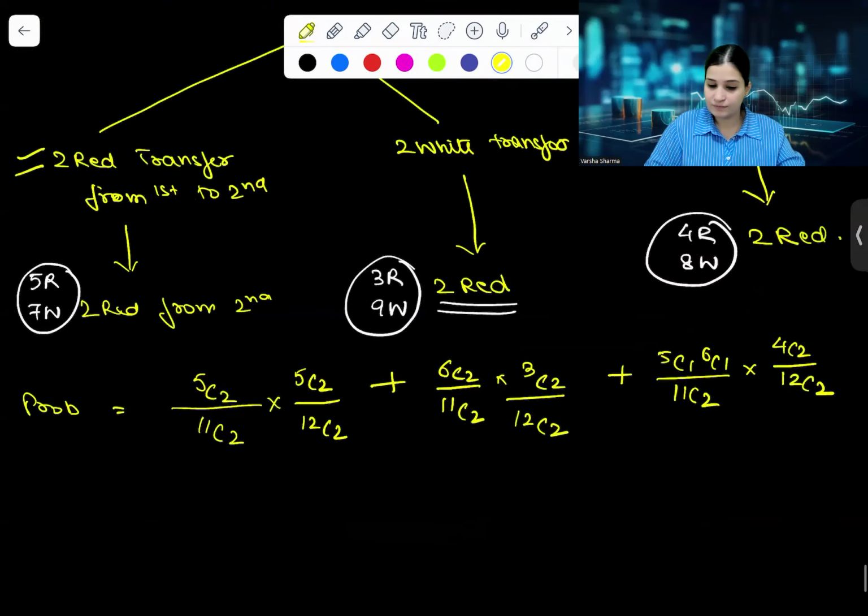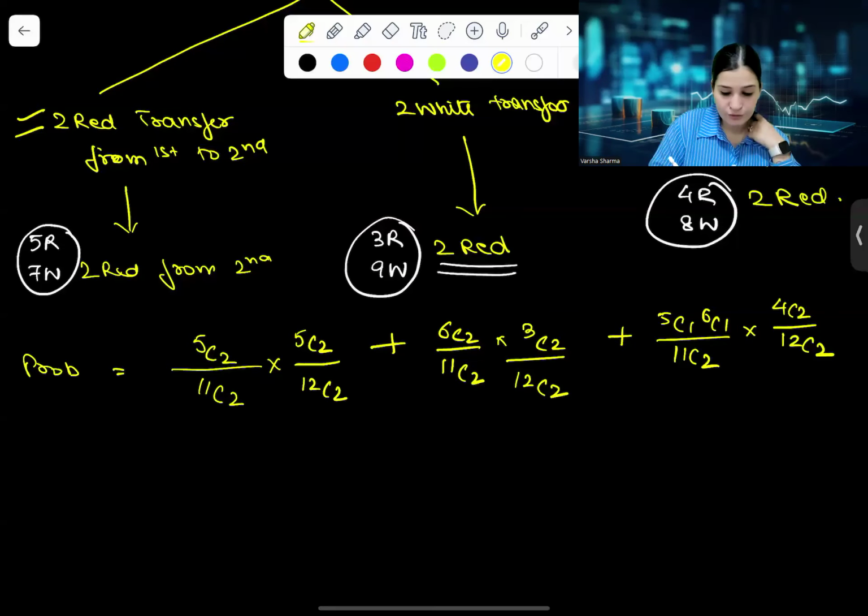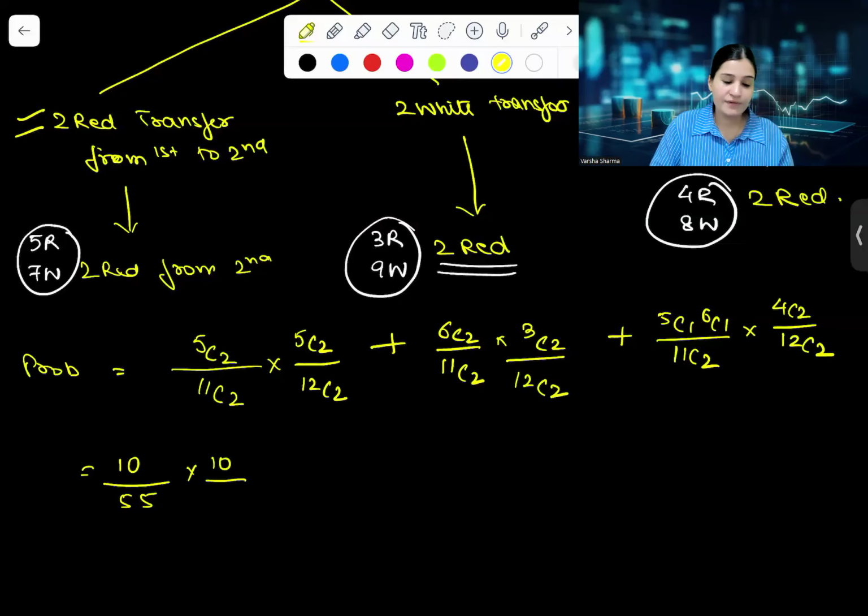Yes, ma'am. So 5C2 is 10, 11C2, 11 into 10 by 2, 55. 12C2 will be 66. 6C2 is 15. 11C2 is 55. 3C2 is 3. 12C2 is 66. 5C1 is 5, 6C1 is 6.